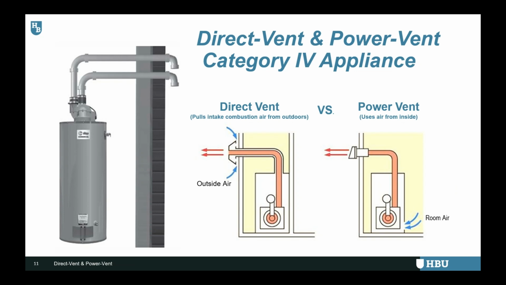We learned that power vent systems, because they use room air for combustion and operate under positive pressure, require those larger clearances, at least 4 feet from windows and doors. This is a vital safety measure to ensure that if there's ever a leak, or even during normal operation, the exhaust plume has enough space to dilute safely outdoors and not be drawn back into the building.